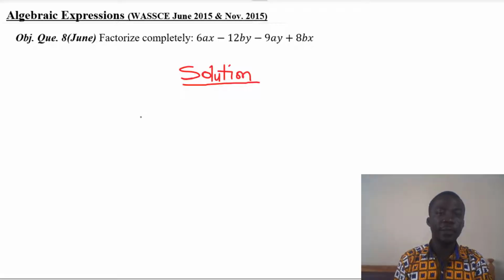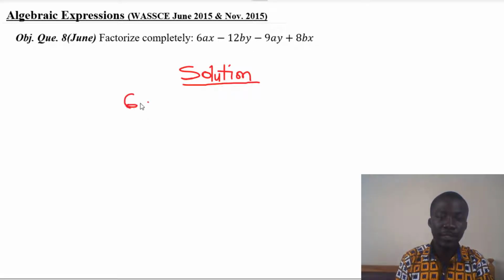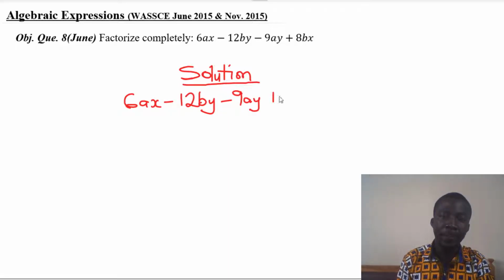In objective question 8, June, we are to factorize completely 6ax minus 12by minus 9ay plus 8bx. In this expression, we have 4 terms. So we are going to group them in pairs.